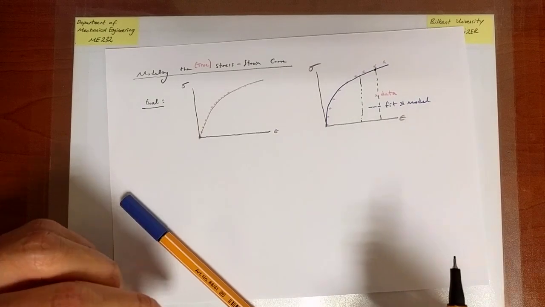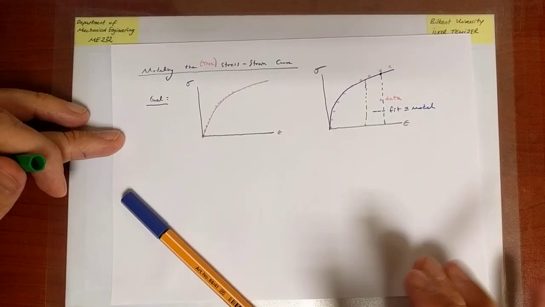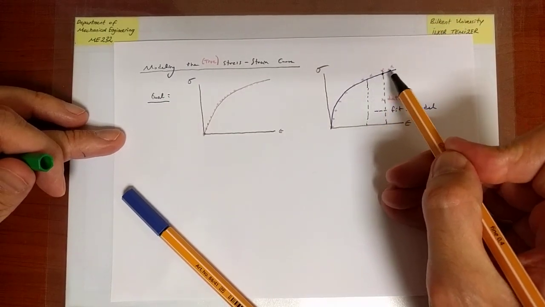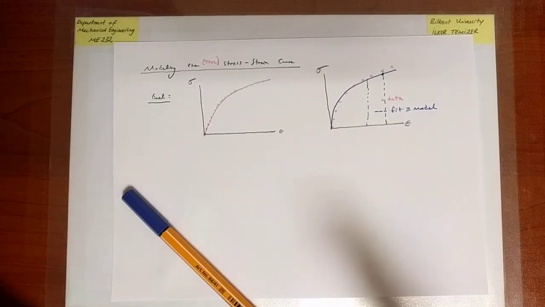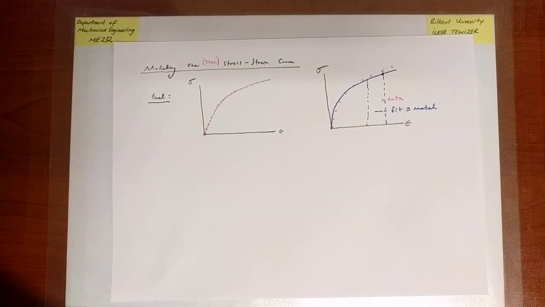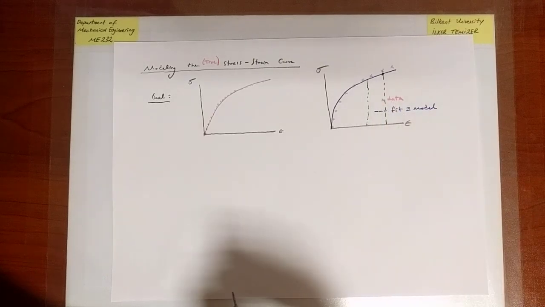So the advantage of the model is you give me any value of epsilon, not necessarily those that have to do with the data points, and I can give you the corresponding value of stress. So it can estimate, interpolate in a clever fashion the values of the stress by making use of the corresponding strain values.